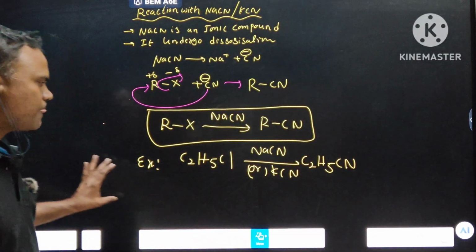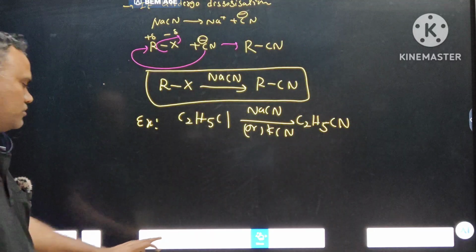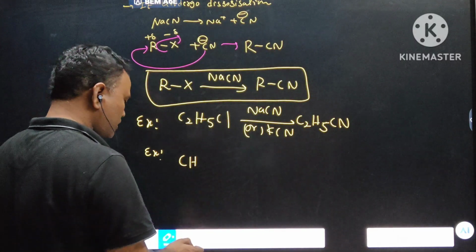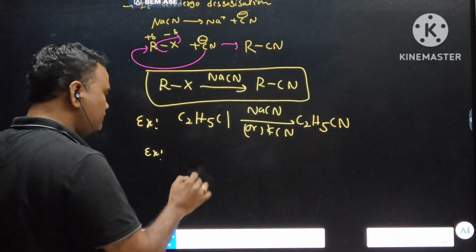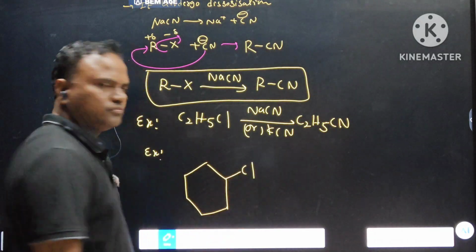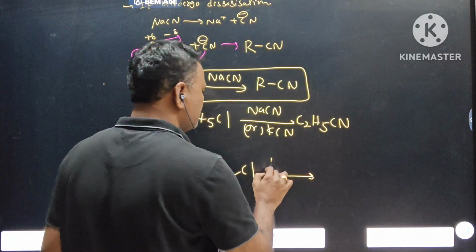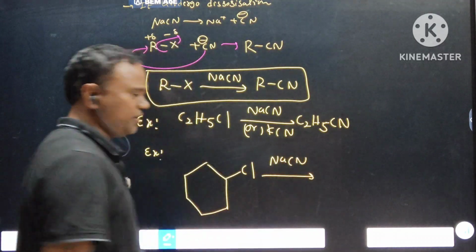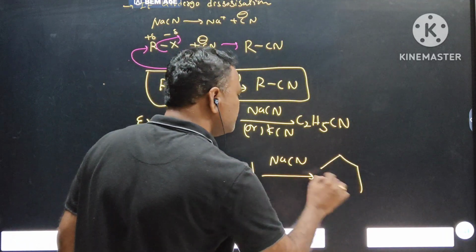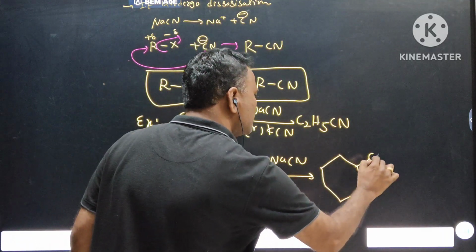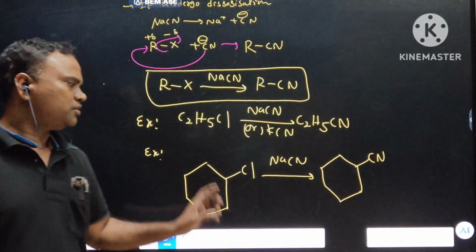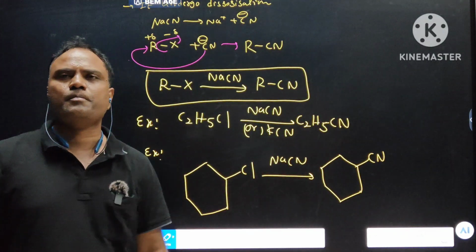C2H5Cl. Let us take one ring. NaCN. In the place of Cl, CN will be attached. Remove halogen and write CN. Very simple trick. No need to take any risk here. Remove halogen and attach CN. Okay.